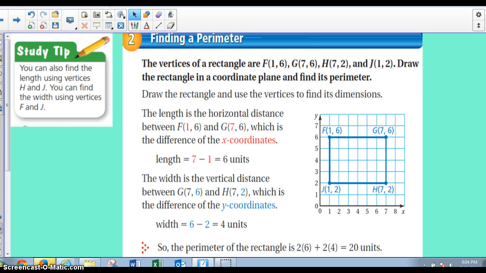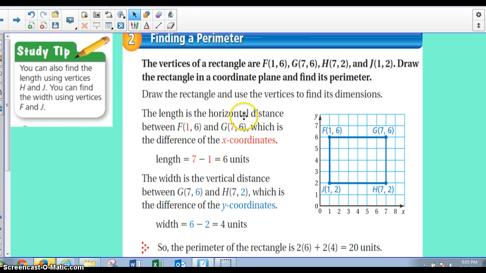Finding a perimeter. The vertices of a rectangle are F, G, H, and J, and they tell you what the coordinates are. It says draw the rectangle in a coordinate plane and find its perimeter. Easy enough.